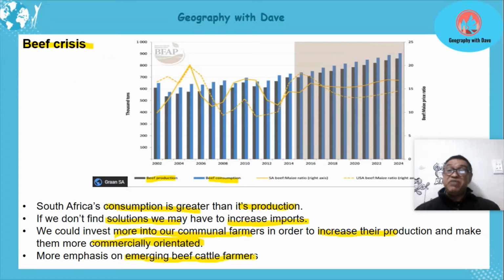I should say beef or cattle, but I'm trying to overemphasize my point there. So beef farmers, these emerging guys who lease land to farm on, we should actually support them and encourage more of these emerging farmers because it's going to be good. The production will increase, we'll have enough food in our country, plus we can export.